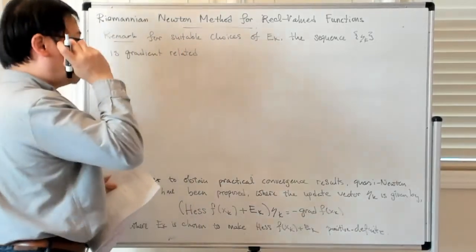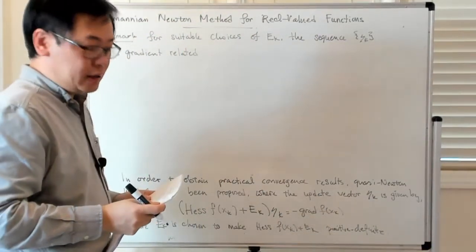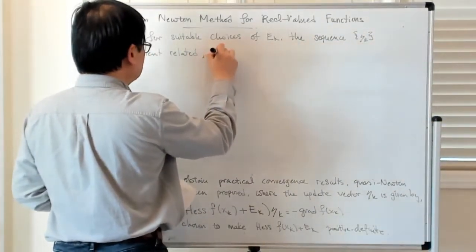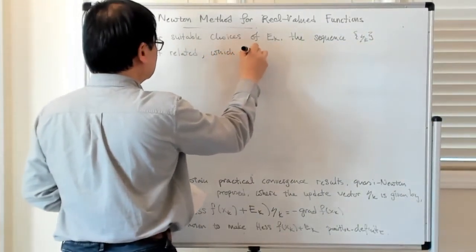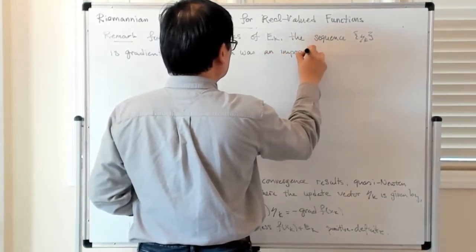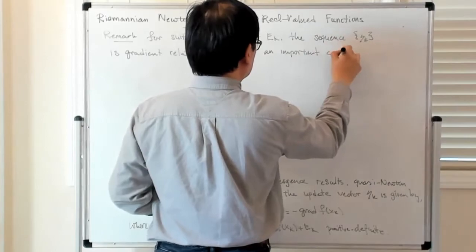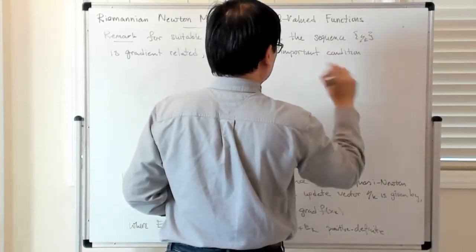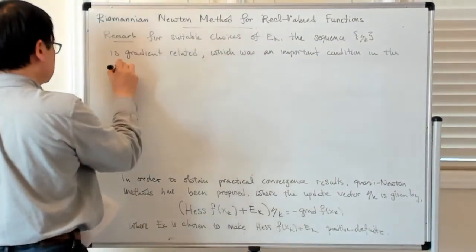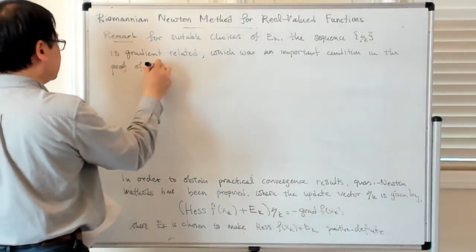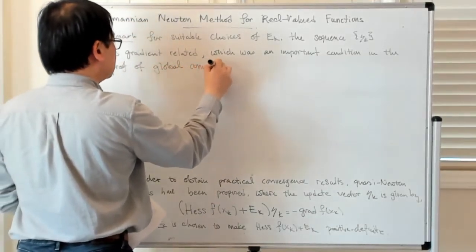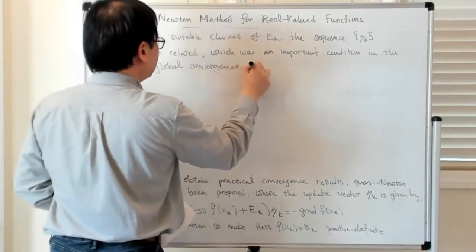And you recall that property was important in proving the global convergence of line search algorithms. So this is an important condition in the proof of global convergence of line search algorithms.